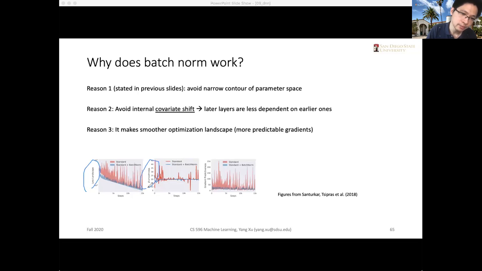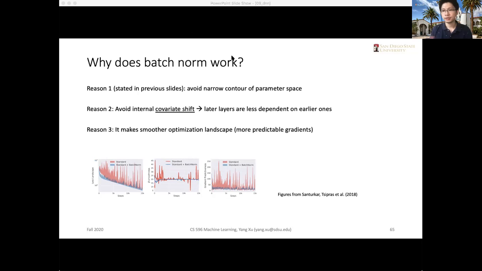I don't know exactly what it is, but it may be some measurement of the landscape of loss. And the last one is gradient predictiveness, which measures how predictive the gradients are. As we see, with batch norm applied, all those quantities are smoother, which means they behave in a much more predictable style.